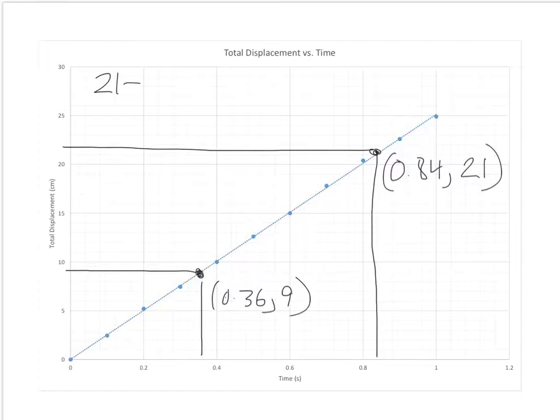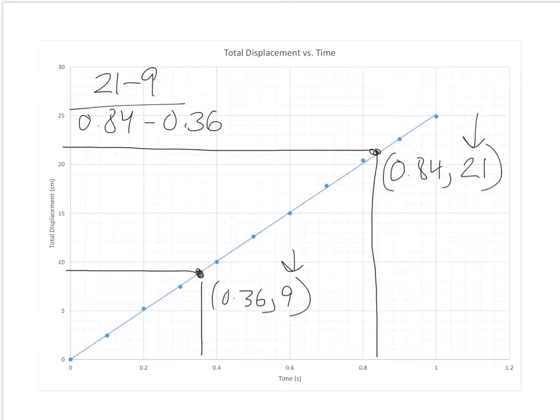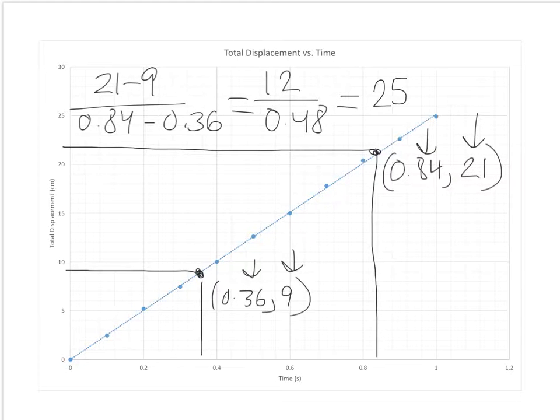So I'm going to do 21 minus 9, subtract the two y values, and divide that by 0.84 minus 0.36, which are the x values. And that should give me my slope. Up top is 12, and down low is 0.48. That ends up giving me a nice round answer of 25.